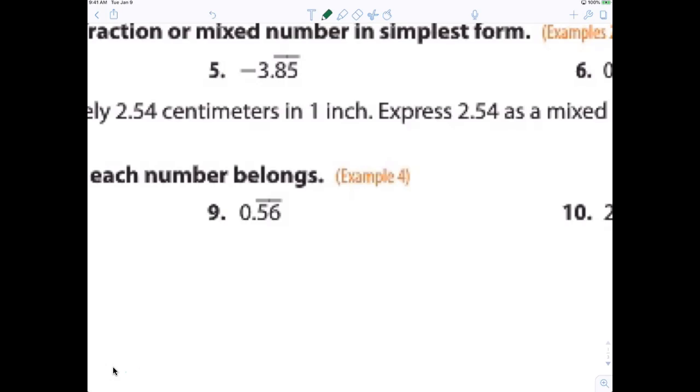He said 3 and 85 repeated over 99. He said negative. Hey, I'm not negative. Don't correct me. I promise you I'm right. All right? You did not say it correctly. What? Is it 385 over 100?